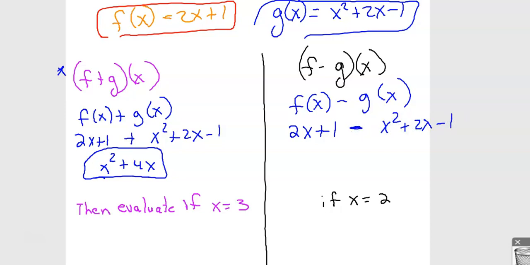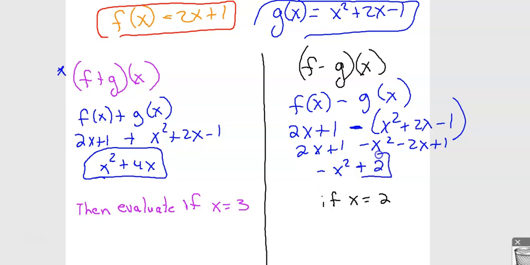But notice you're supposed to be subtracting the entire g of x function. So you need to put parentheses. And then, of course, use the distributive property. And then combine like terms. So negative x squared. Here the x's cross out. And that would be the final answer.